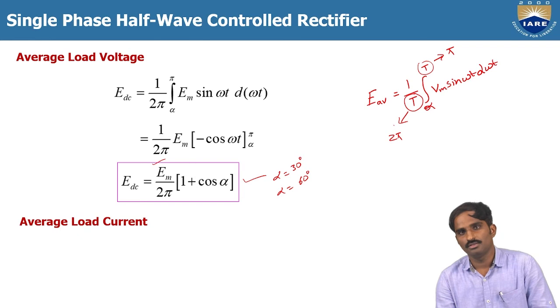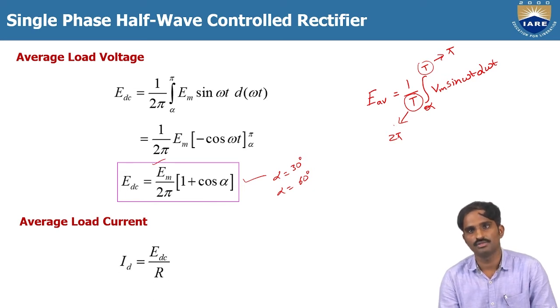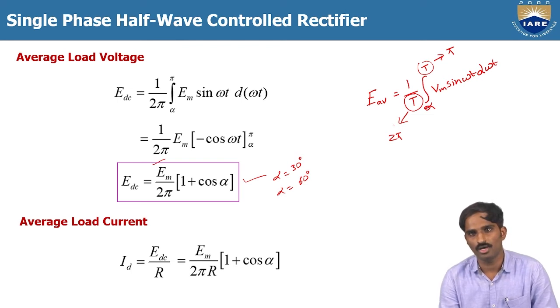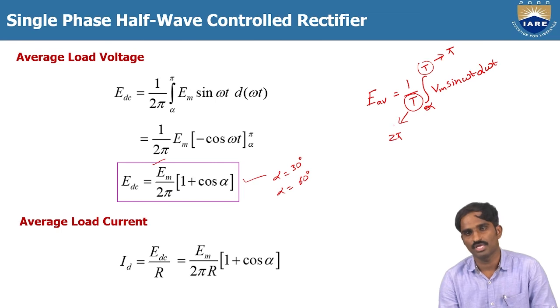Next, the average load current. As we already know the average load voltage, we can just take EDC by R, then you will get the average load current, which is Em by 2 pi R into 1 plus cos alpha. So this is the average load current.